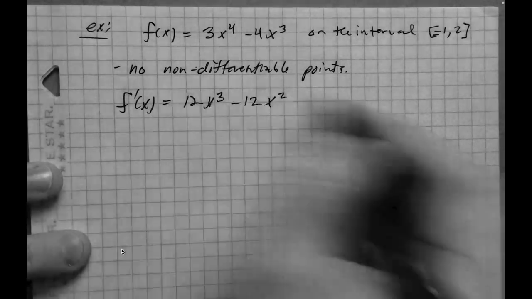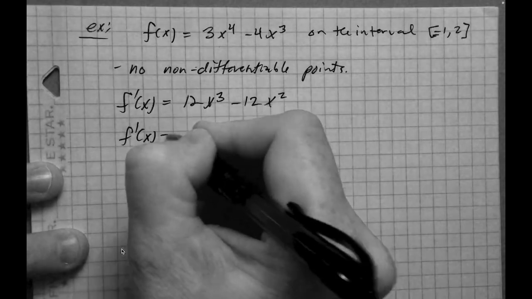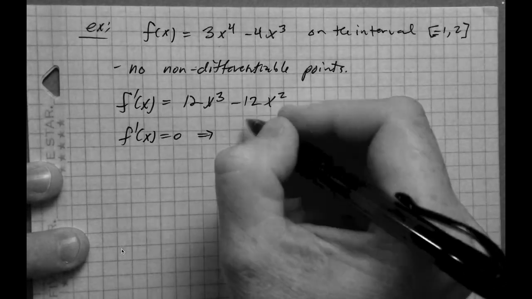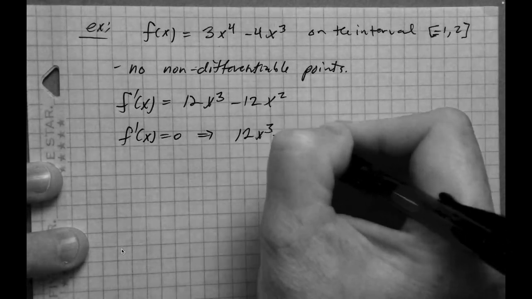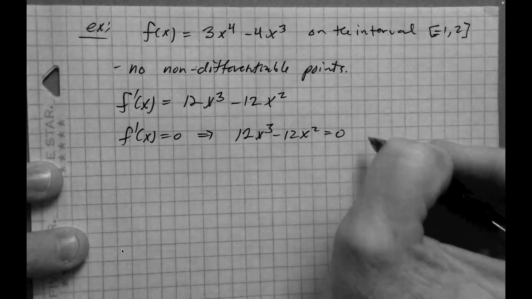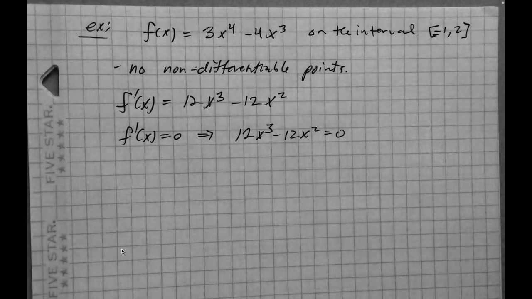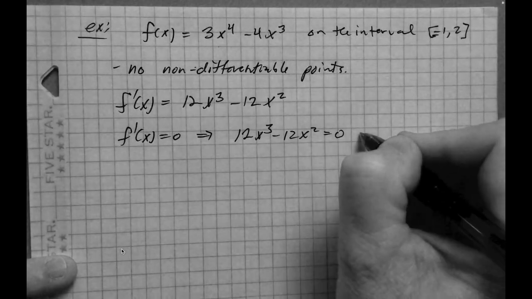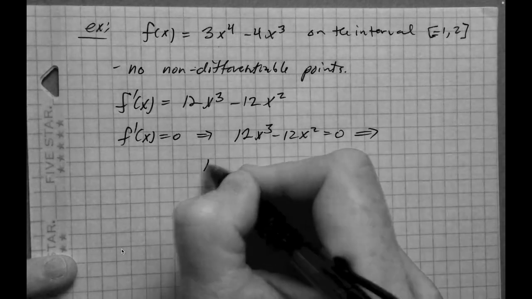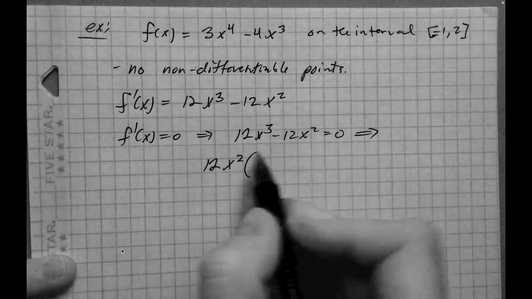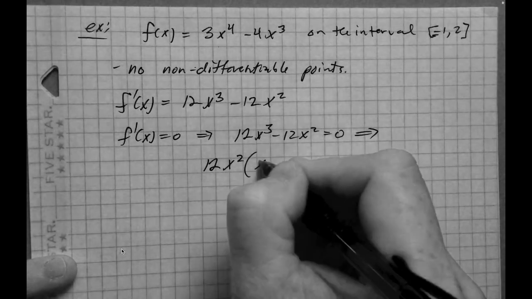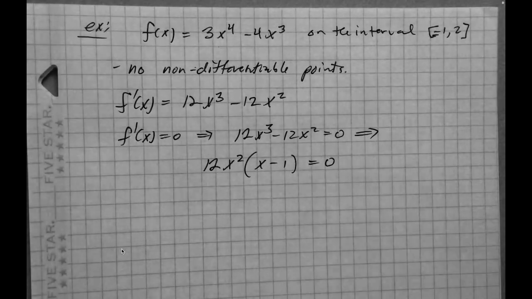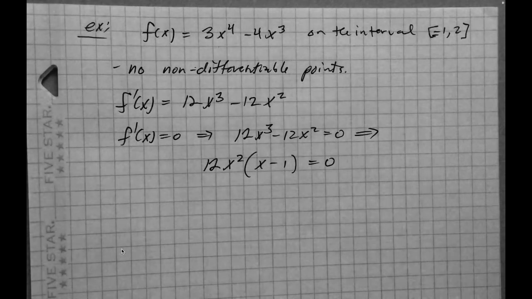And set the derivative equal to 0, f prime of x equals 0. That implies that 12x cubed minus 12x squared equals 0. Can we solve this for x? Let's go ahead and factor 12x squared out. What am I left with here? x minus 1 equals 0.